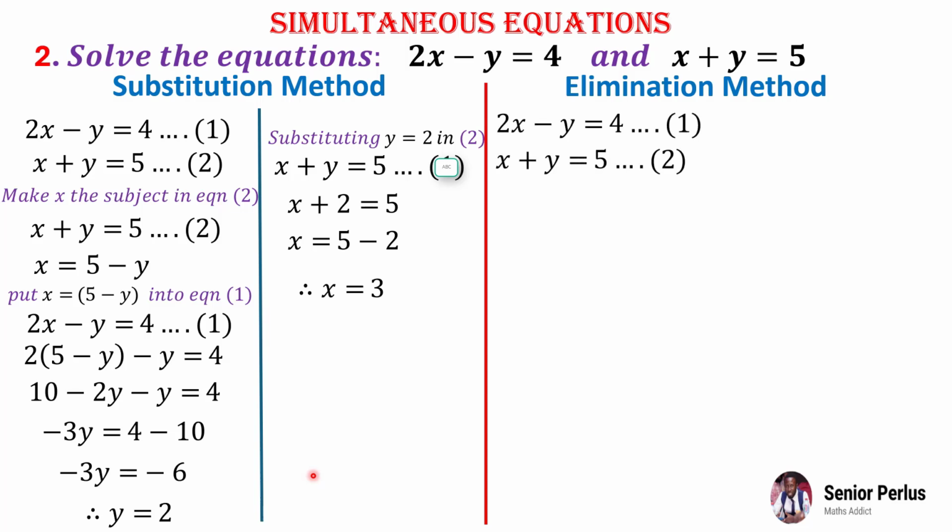Now the elimination method. With the elimination method, we have to eliminate one of the variables. So how will I eliminate one of the variables? For me to eliminate y, I have to add equation 1 and equation 2.